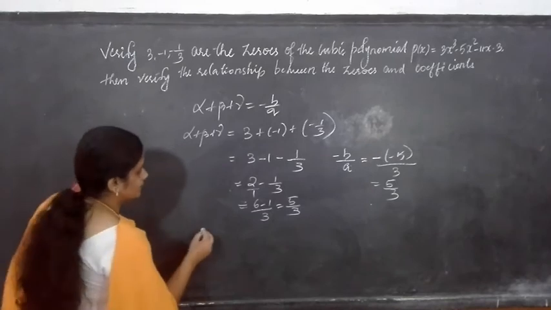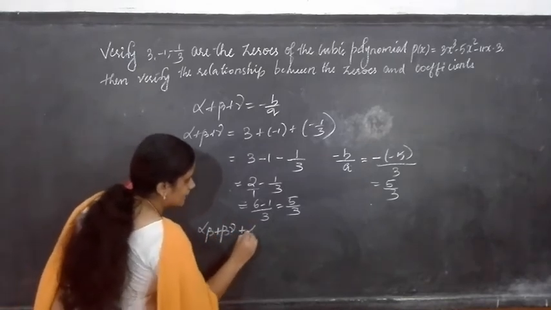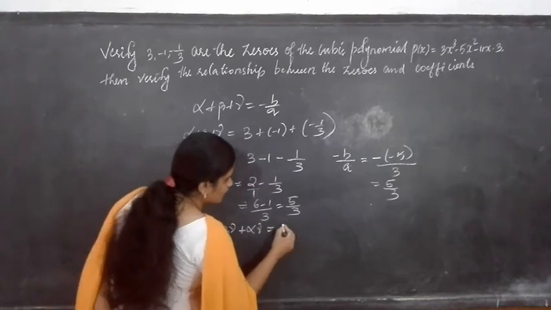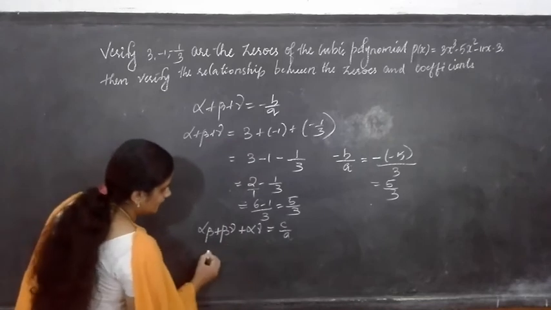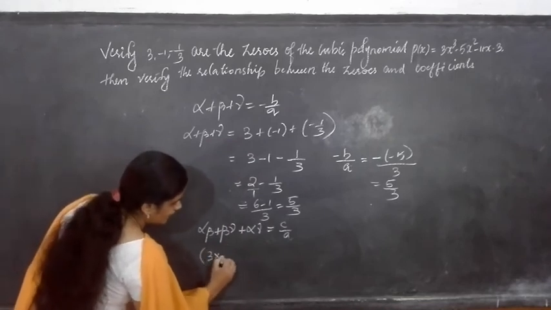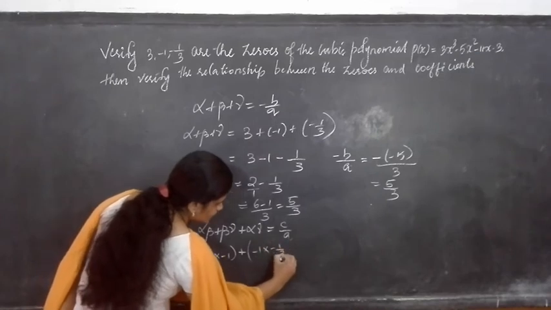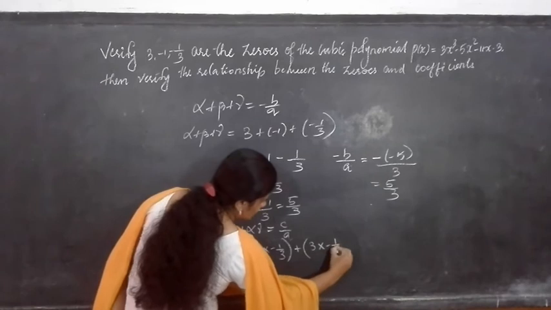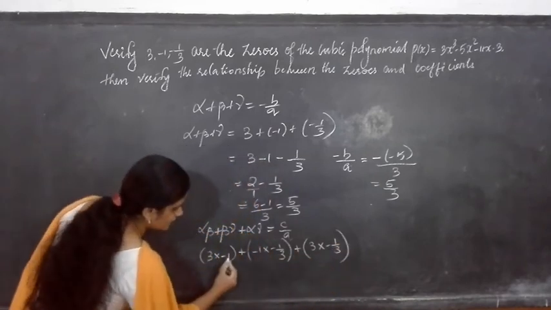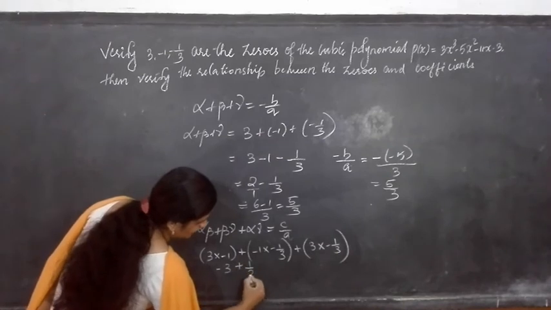The next one: alpha beta plus beta gamma plus alpha gamma is equal to c by a. Is it, children? Here, 3 into minus 1 plus minus 1 into minus 1 by 3 plus 3 into minus 1 by 3. That's it. 3 into minus 1 is negative 3, plus 1 by 3.